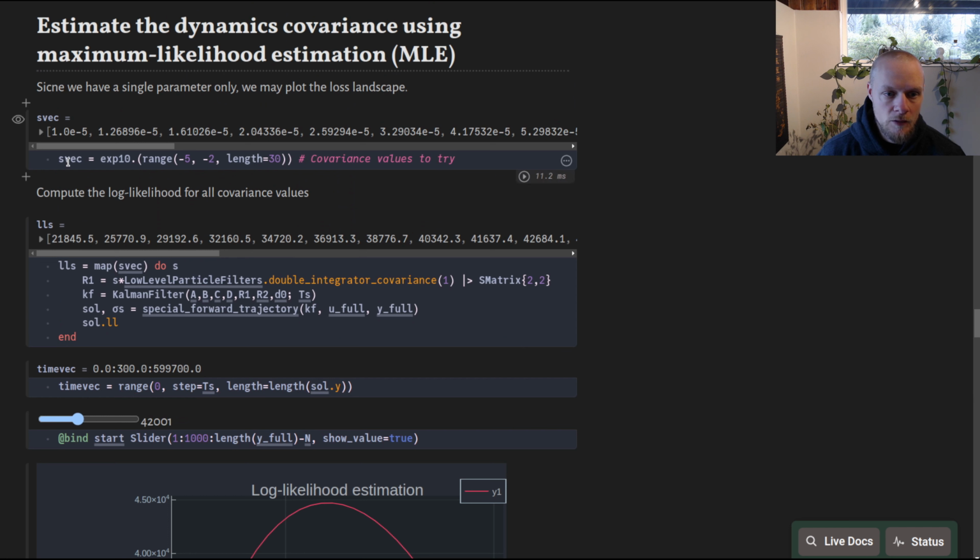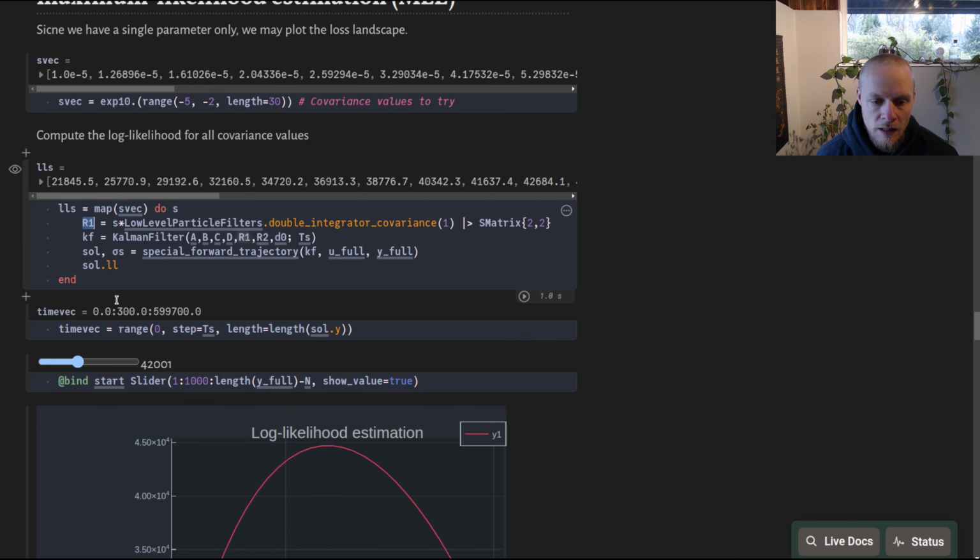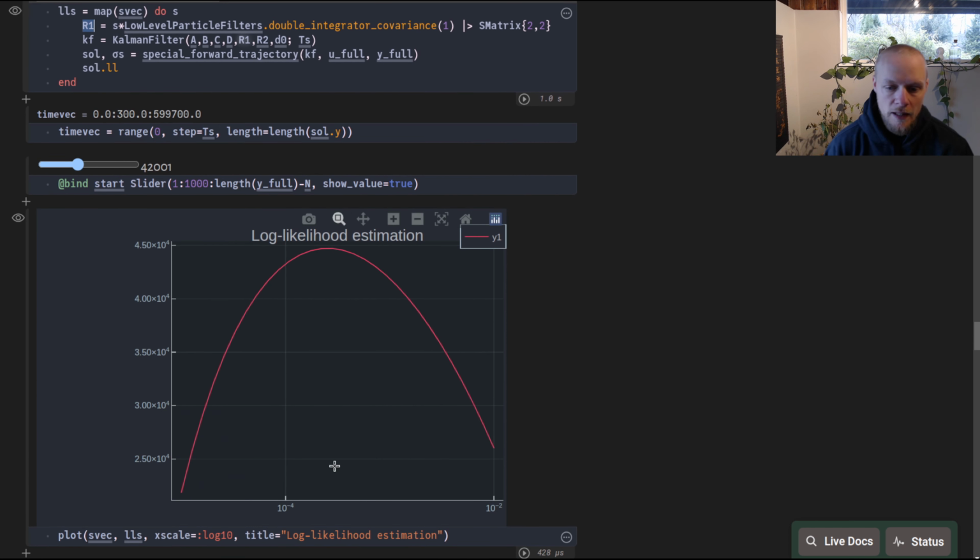I say I want to try with the covariance values between 1e-5 and 1e-2. And I want to try 30 different values. And then I just map over this array of values and I compute the covariance matrix. So it's the double integrator covariance scaled by this parameter I'm optimizing. And then I put this covariance matrix into the Kalman filter and I perform the filtering and I return the log likelihood.